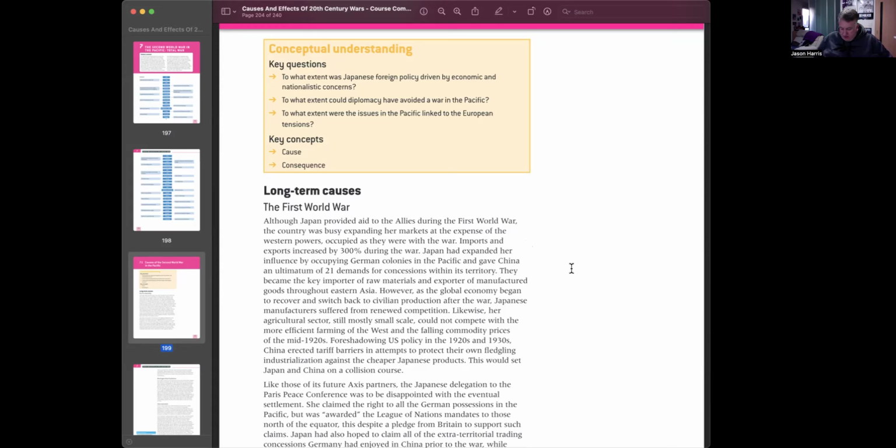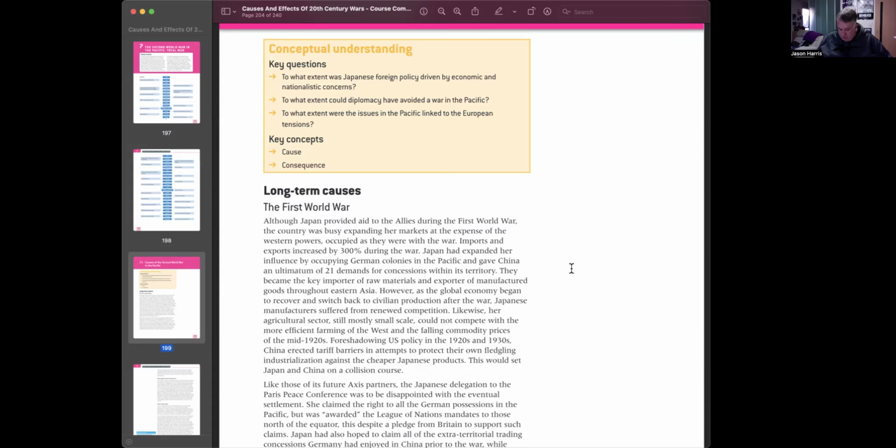Japan had expanded her influence by occupying German colonies in the Pacific and gave China the famous 21 demands. They call it here an ultimatum. Ultimatum, if you guys remember, is when you give someone a choice: do this or else, right? And they became the key importer of raw materials and exporter of manufactured goods throughout Eastern Asia.